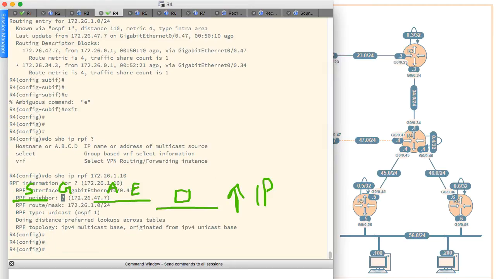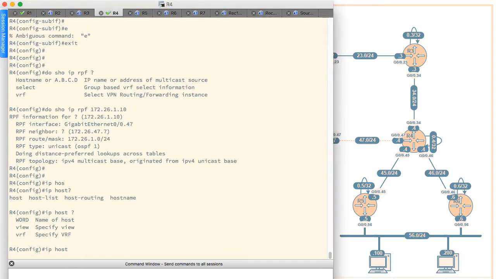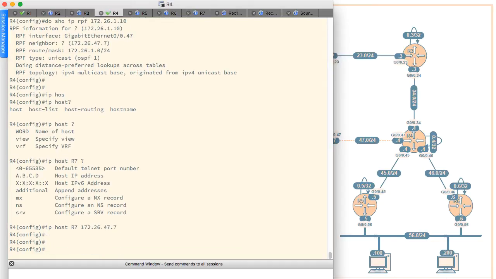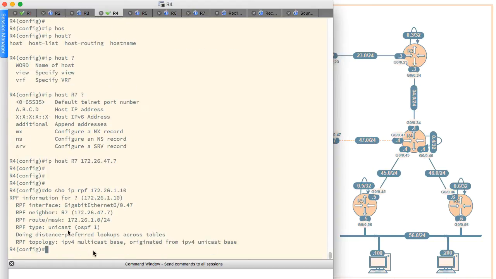So just to prove a point here, I can say IP host, and then R7, and I can put an IP address there, which would be 172.26.47.7. I may need to use one more command here, but let's look at that do show IP RPF. And now you can see the question mark is gone and it's just R7. So that question somehow creeps up all the time, but this is essentially what it's for.